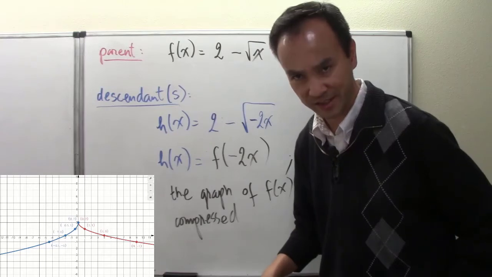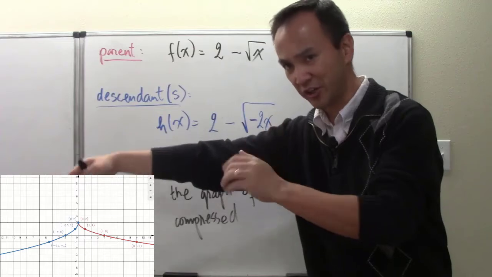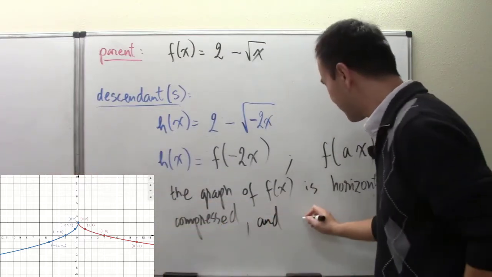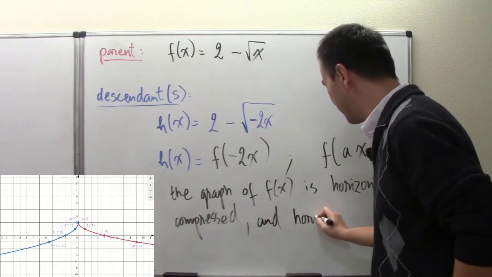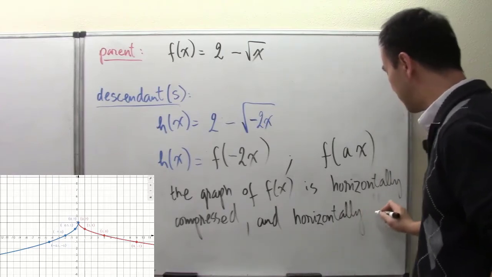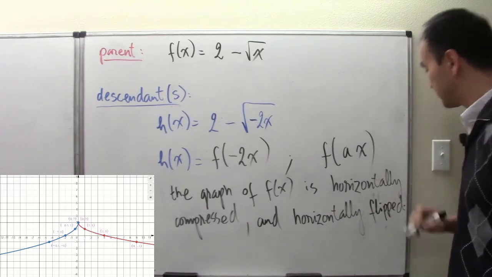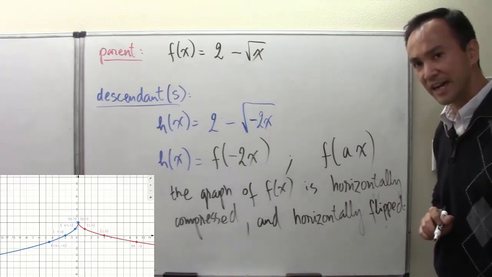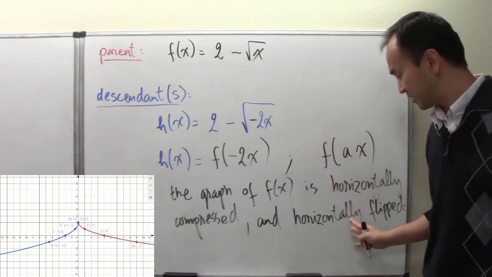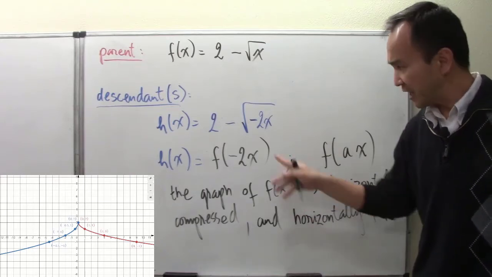Not only compressed, because earlier when it was g, it's compressed but still pointing in the same direction. But now it's compressed and horizontally flipped. So a little more extra added on to that. We're still having a compression, but it's going to be horizontally flipped. That's all the observation for h of x right now.